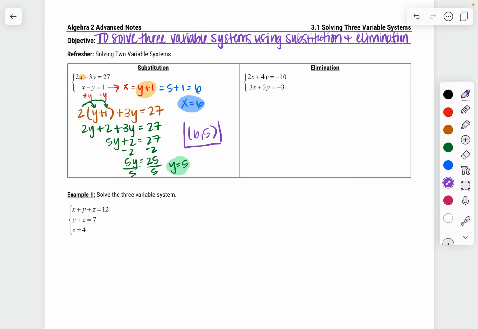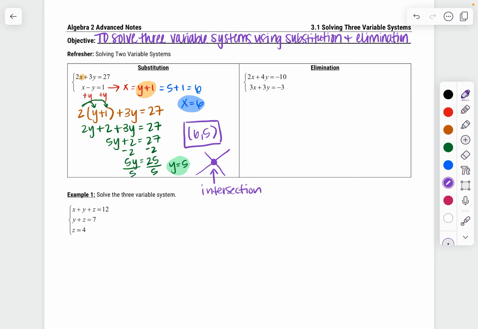And so that is going to be my solution. And it's always going to be in alphabetical order. So when you look at these and you don't have any word problem settings whatsoever, this is how we're going to write our answer. Because again, if I were to draw these as linear equations, the solution is going to be the intersection of where these two lines meet, which is why we use an ordered pair.